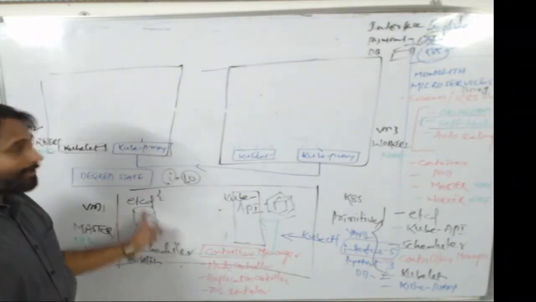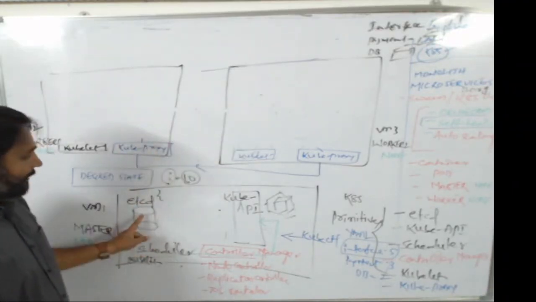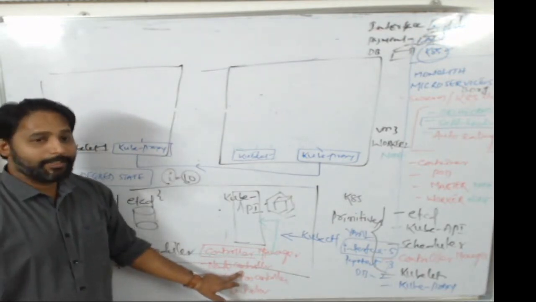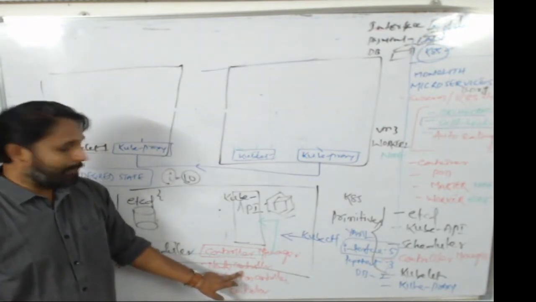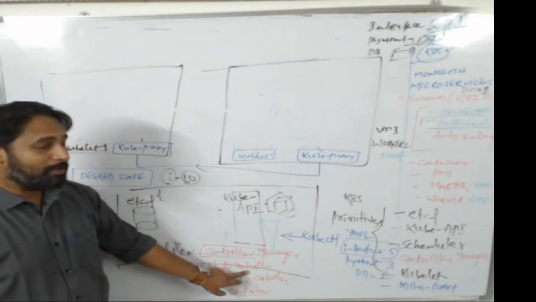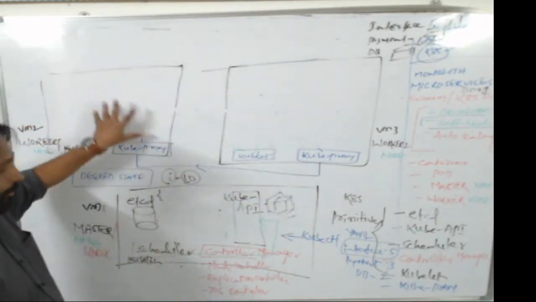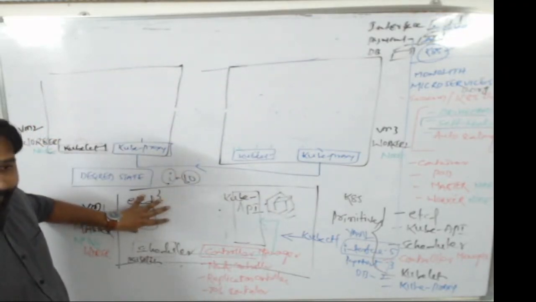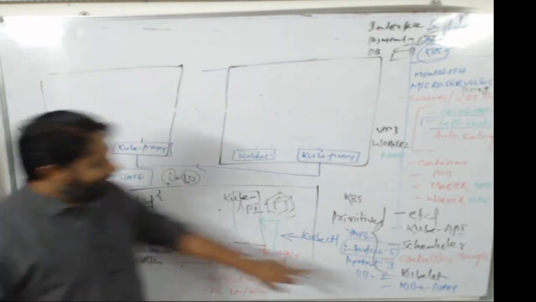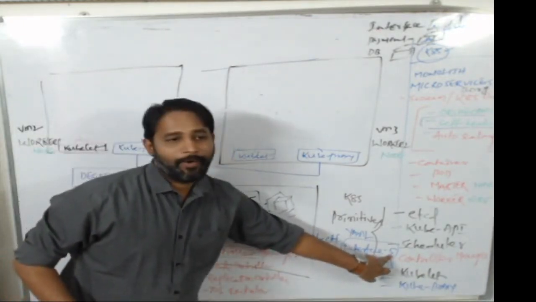Who is updating the data of the nodes into etcd? The node controller. Everybody is doing their job, just like 10 members working in a team. So the node controller constantly puts the data related to the nodes into etcd. The scheduler queries etcd about the possible healthy nodes and sees where it can schedule the pods.